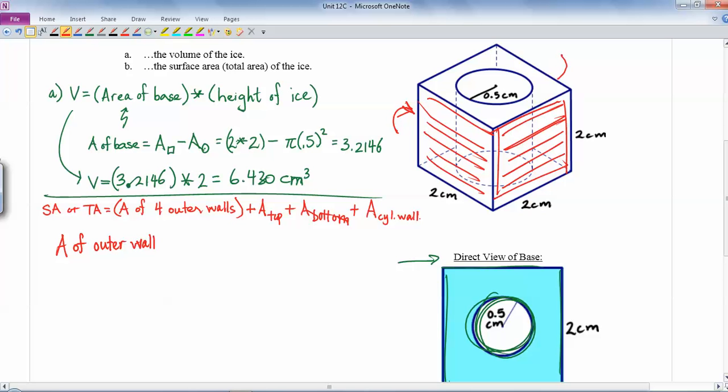And then there's another one back here, right? And they're all identical. They're all 2 by 2. So each outer wall is 2 times 2, which is 4. And so the area of the 4 outer walls will be 4 times 4, but we'll get back to that. Okay, so then the area of the top, that's the same as the area of the bottom.